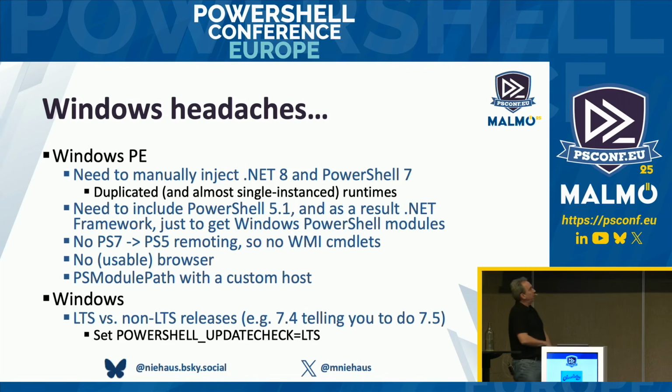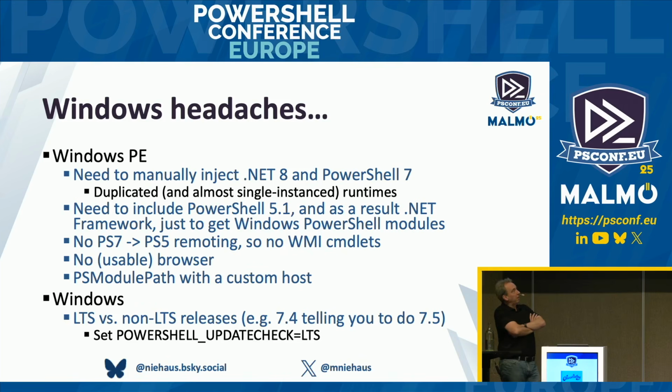We've also experienced a lot of joy around the PS module path. We have our own custom host. And as a custom host, if you're familiar with the module path behavior with PowerShell 7, basically it's taking the PS module path environment variable from PowerShell 5.1 and modifying it and inserting some PowerShell 7 directories at the beginning of it.